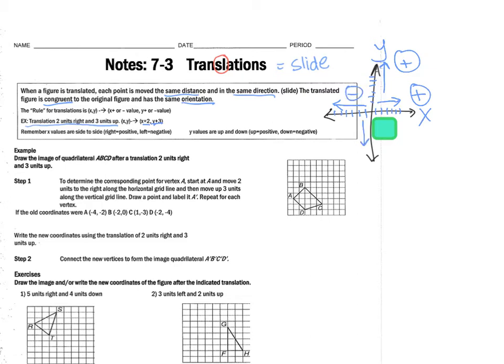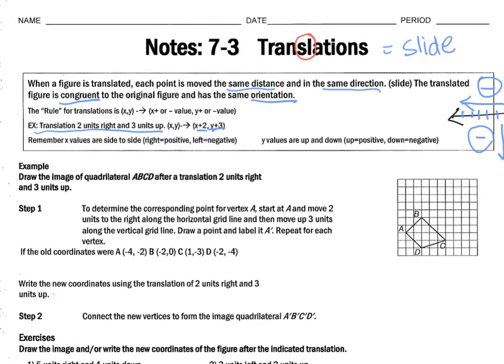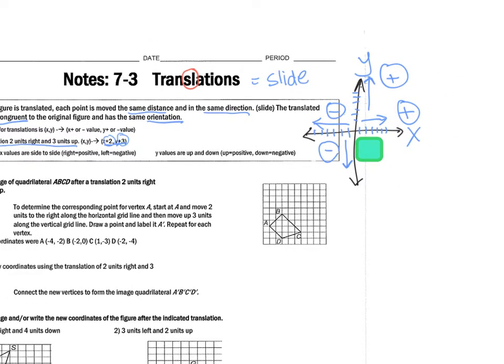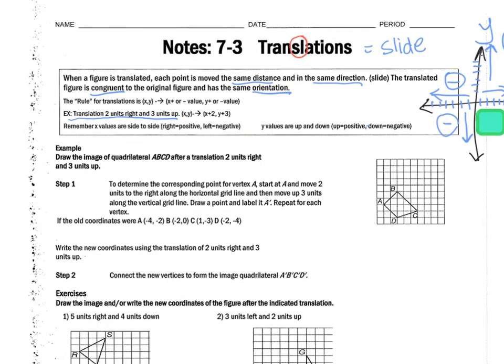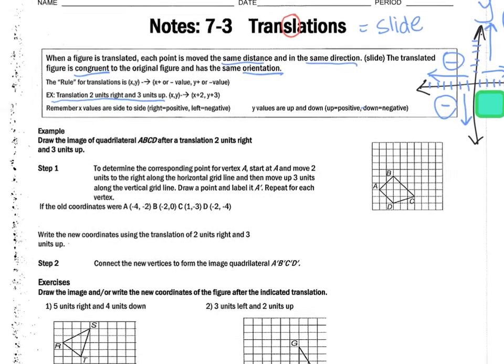Or if we went down on the y-axis, those numbers are all negatives. So that's where the plus 2, plus 3 comes in, because we went to the right, positive numbers, and we went up, positive numbers. If we had gone to the left and down, then those would be negative numbers, or minus, same thing. So x minus 2, y minus 3.